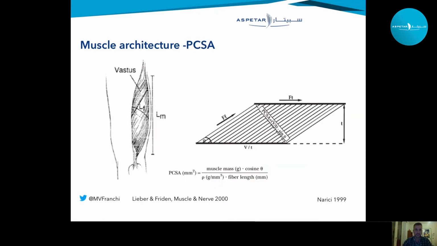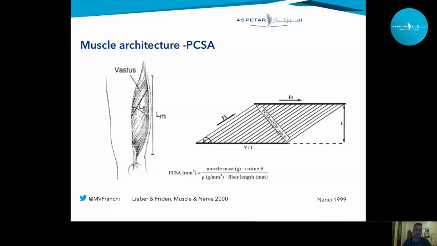So when we talk about muscle architecture, we cannot refrain from discussing also physiological cross-sectional area. Anatomical cross-sectional area is represented by the area that one will obtain if we cut the muscle completely perpendicular to the axis of the muscle. In this case, physiological cross-sectional area is defined as the cross-section that cuts all the fibers at the right angle.